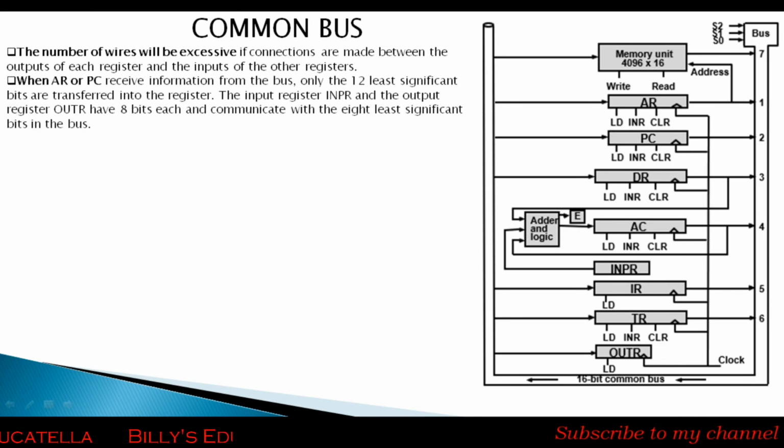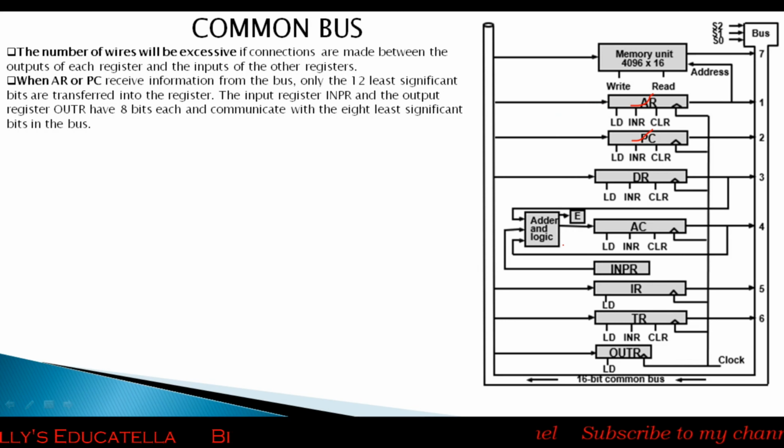When AR or PC receive information from the bus, only the 12 least significant bits are transferred into the register. I will explain it clearly. Here the address register and program counter receive the inputs.